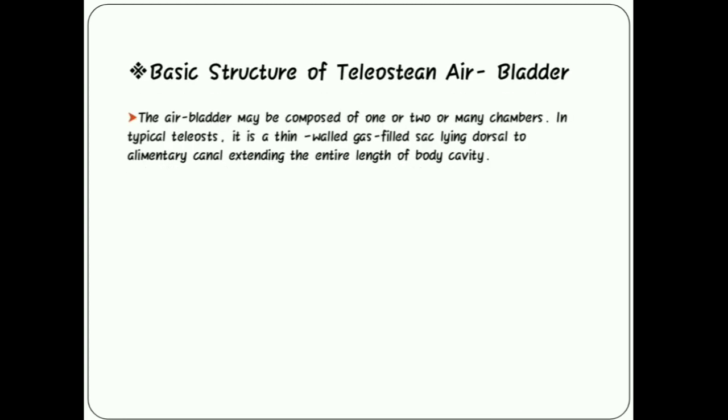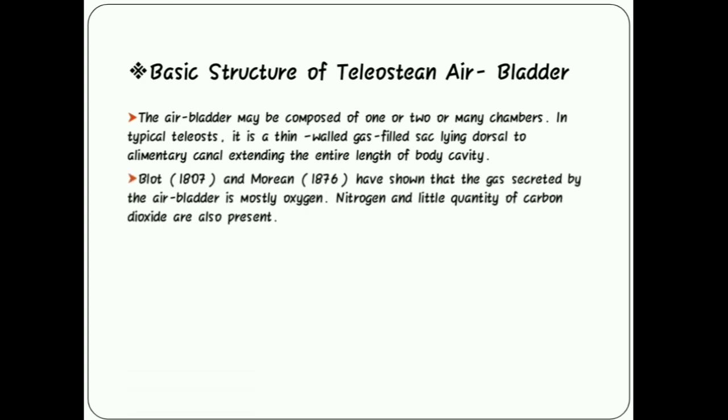Now we explain the basic structure of teleost air bladders. The air bladder may be composed of one, two, or many chambers. In typical teleosts, it is a thin-walled gas-filled sac lying dorsal to the alimentary canal, extending the entire length of the body cavity. Teleost fish have one or two chambers in the air bladder.